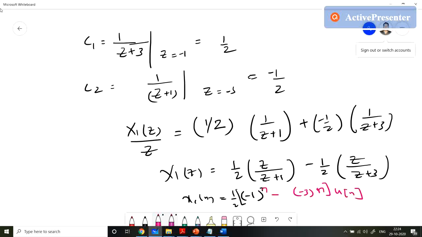Please check this, because it is the causal sequence. It is causal because the ROC is given as modulus of z greater than 0.